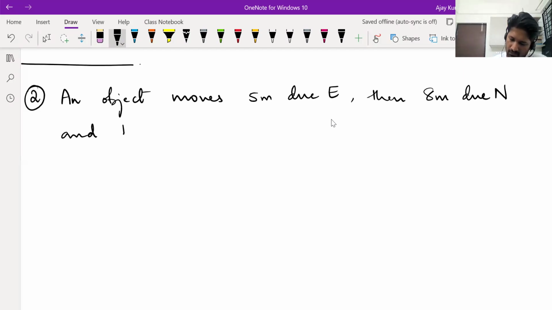And then 11 meters due west. So 3 separate displacements of the object are given to you.